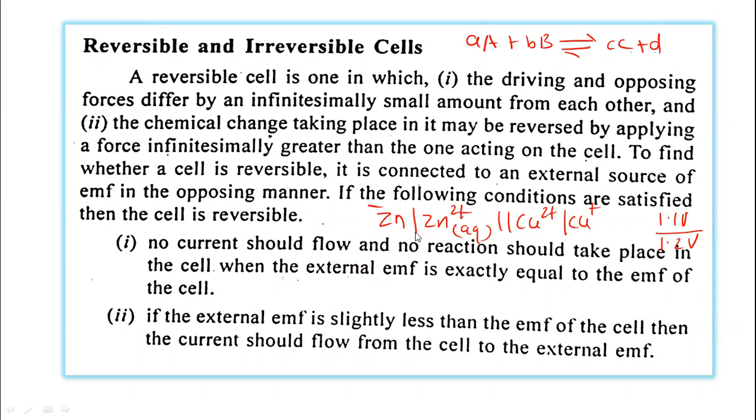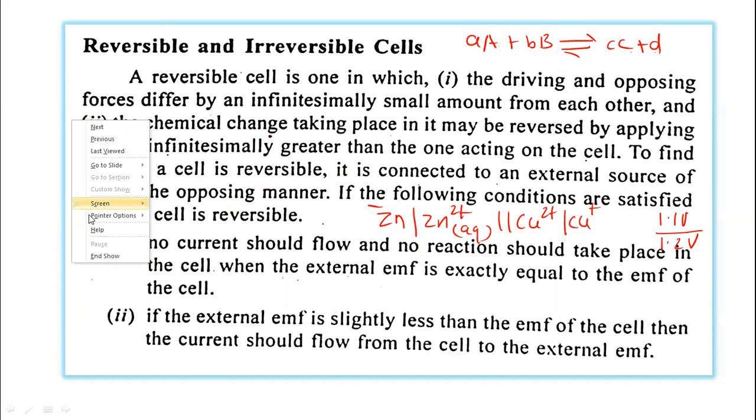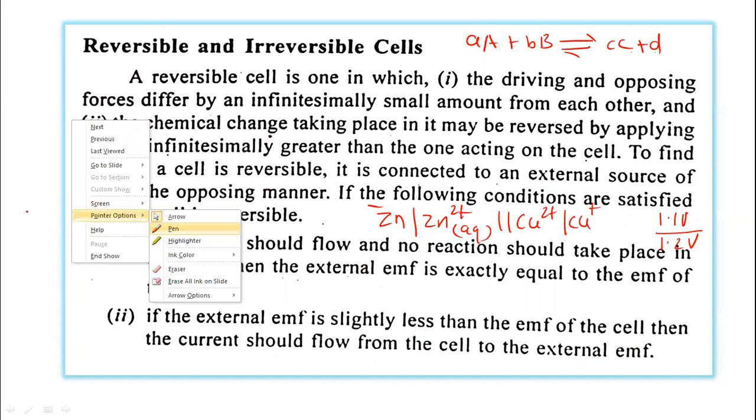Internal EMF means driving force. At the cost of the cell reaction, electricity is produced. That means the cell produces the internal EMF. And external EMF means we supply extra electricity to the cell. So when external EMF and internal EMF are the same, suppose the internal EMF is equal to 1.1 volt.